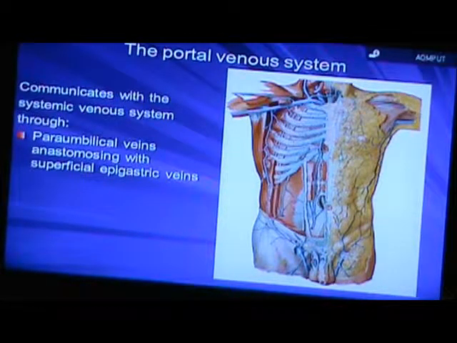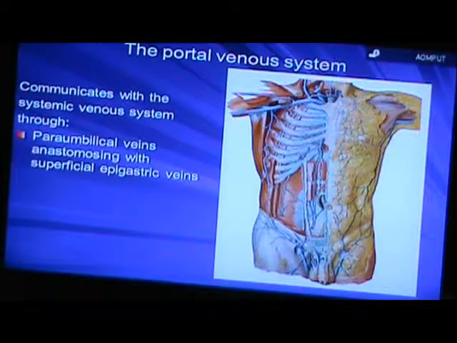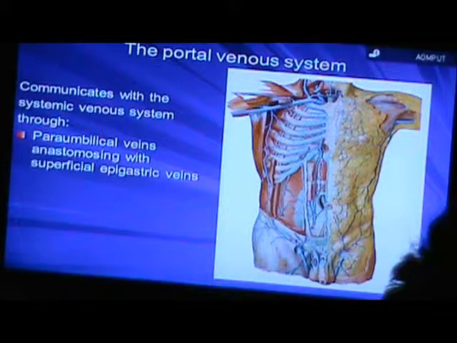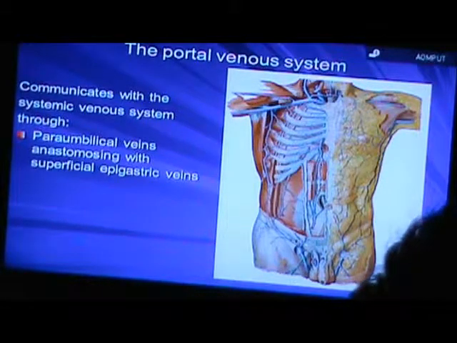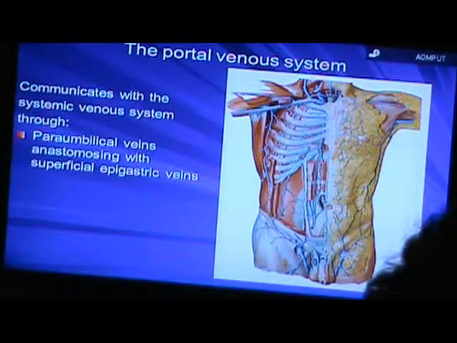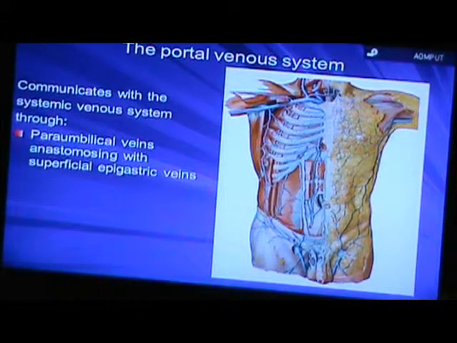Such superficial epigastric veins, yes, could be connected with the branches of the lateral thoracic vein, and next the axillary vein, subclavian vein, the brachiocephalic vein, and the superior vena cava. So we achieve the systemic venous system.